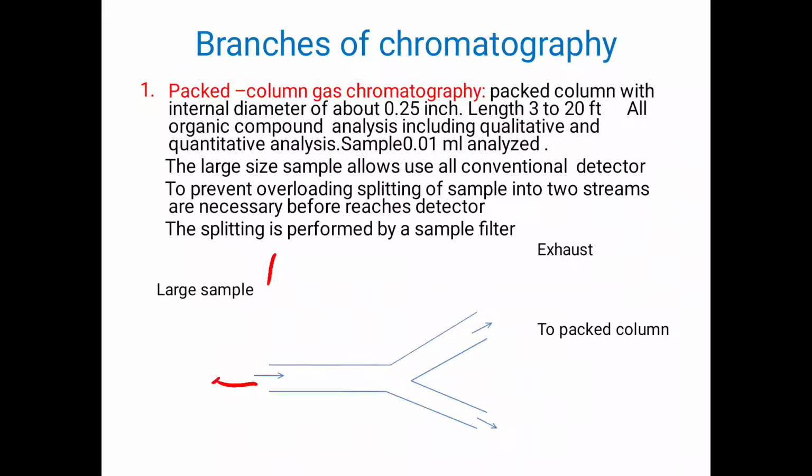The large sample size allows the use of all the conventional detectors, and to prevent overloading, the sample is split into two parts: one to the exhaust and one to the packed column. So here is the exhaust branch and here is the branch to the packed column.